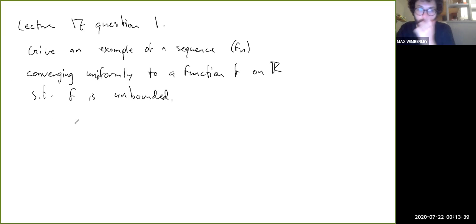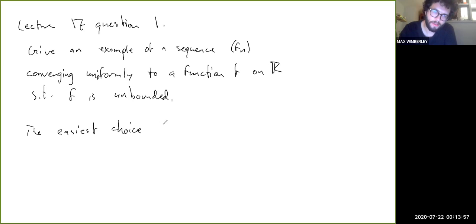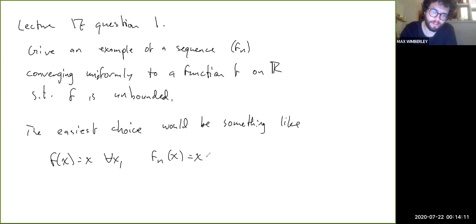Okay, so I'll go ahead and go through the answer here. This is almost stupidly easy. The easiest choice would be something like f of x equals x for all x, and also fn of x equals x for all x.